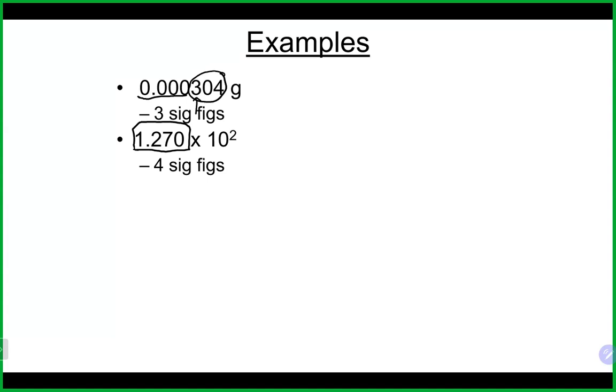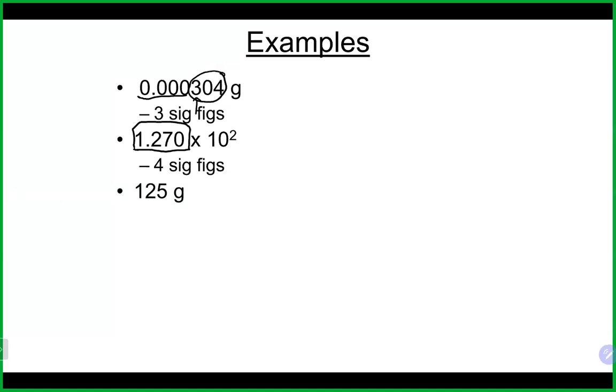You should always look at it how it's written in scientific notation, and that will tell you how many significant figures it has. You shouldn't take it out of scientific notation. By the way, if you do take it out of scientific notation, it should not lose significant figures along the way. It will still maintain the same number of significant figures as it has when it's written in scientific notation.